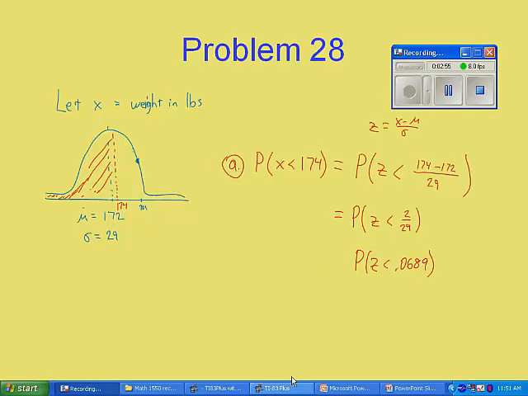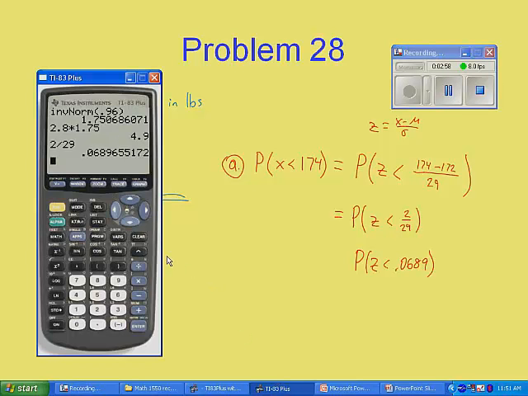Okay? Now, how do I do this? Well, here's what I would do, I guess, for now. If I go to normal CDF, first of all, you look on your chart and you got it. That's one way. But if I want to do it here, I hit second distribution, normal CDF, and I'm just going to go from 0, comma, 0.0689.